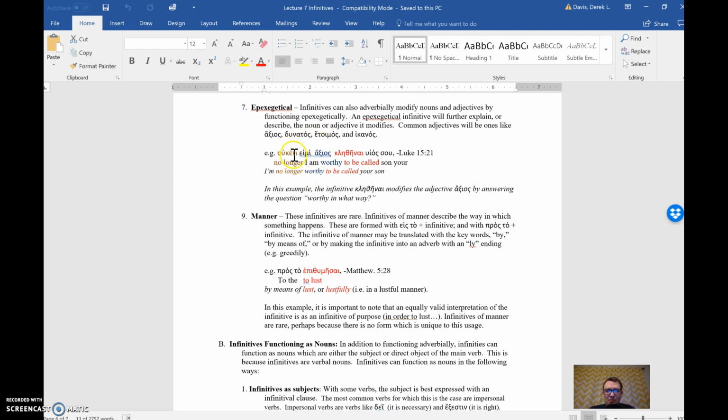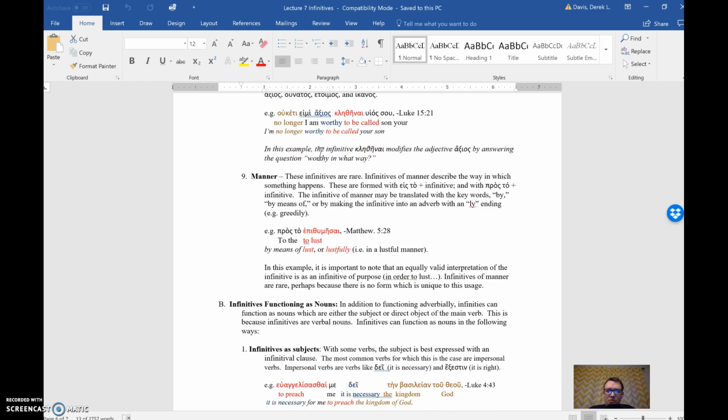So the example I give here, the noun that it's modifying is worthy. I am no longer worthy to be called your son. So it's further explicating what he is not worthy of, namely to be called. That one's a little bit trickier, and I don't think I have a ton of examples where that's the answer, so don't worry too much about that one.